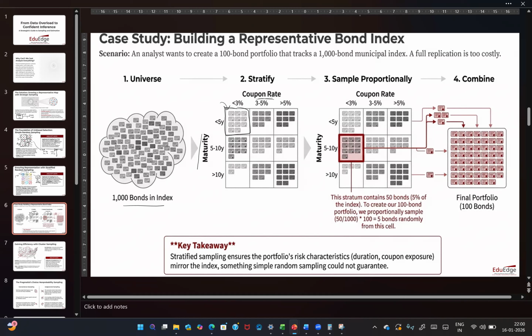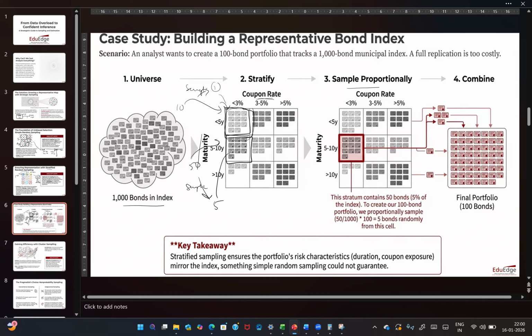So now based on these strata, we will sample proportionately. What is sample proportionately? It means that suppose this group's representation in the bond index is only 10 bonds, I will accordingly only sample proportionately from this group. And if this group has say 50, then suppose this has 10 points, this has 50 points. So can I say in my sample, I will have say 5 of these, but maybe only one of this, as an example, right?